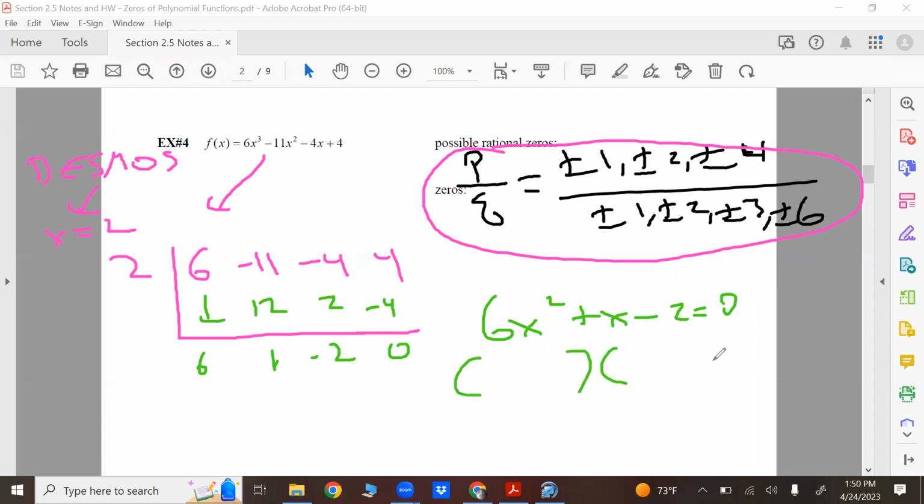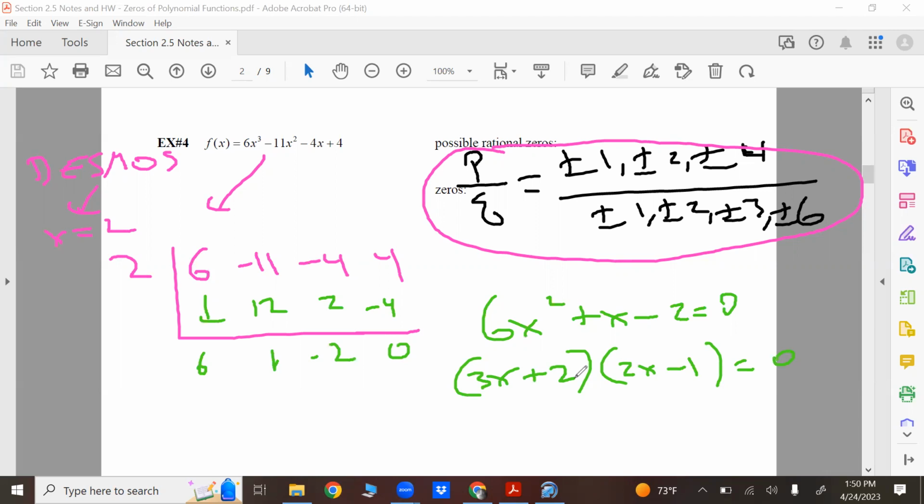I think it's factorable. I got lucky. It's factorable.